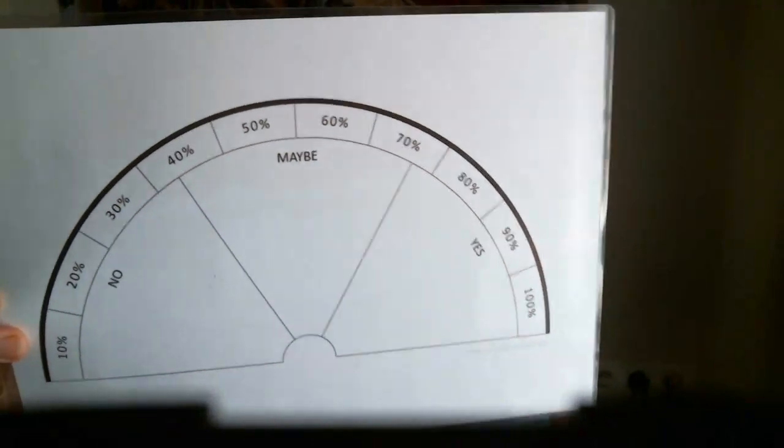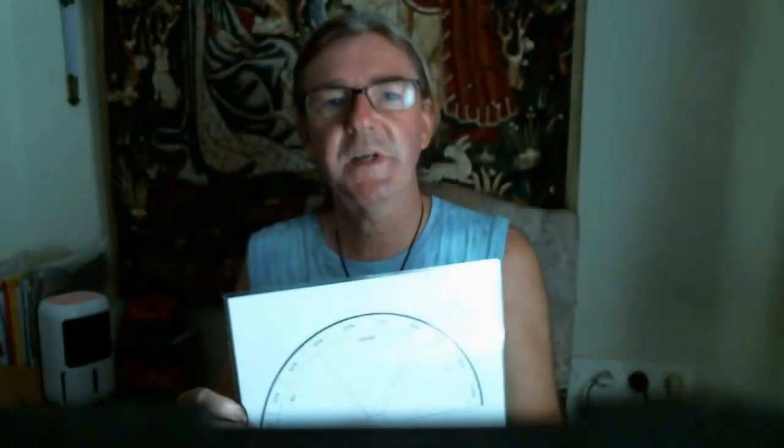Probably one of the first charts that you're going to use, if you haven't used a chart before, is the simple yes or no chart, where you have a yes on one section and then no on the other. Traditionally, you place the yes on the side of your non-dominant hand. So when you download the chart from the file section, I think I did it so those two sections are blank, so you can fill your own yes and no in.